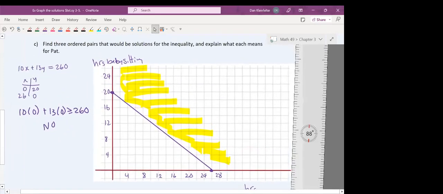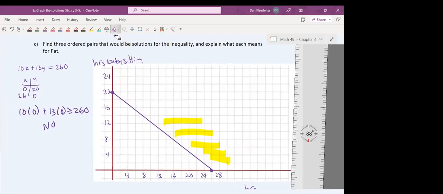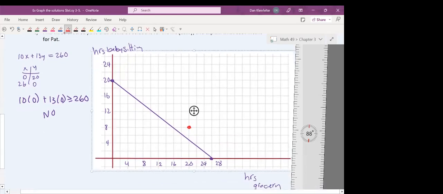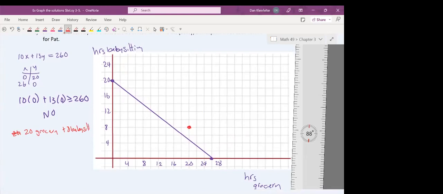All right, so now it says find 3 ordered pairs that would be solutions for the inequality and explain what each means for Pat. So let me take off some of the shading so that I can draw on top of it. A couple of solutions: it looks like if Pat worked 20 hours at the grocery and 8 babysitting, then that would do it.